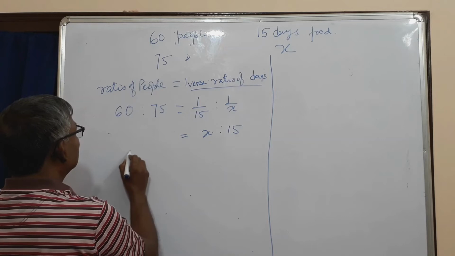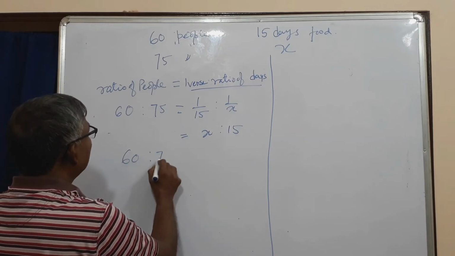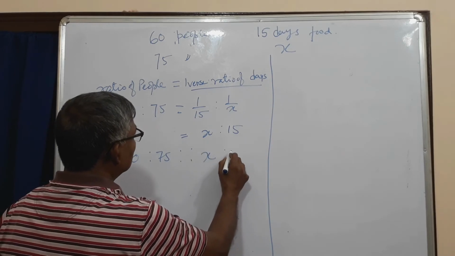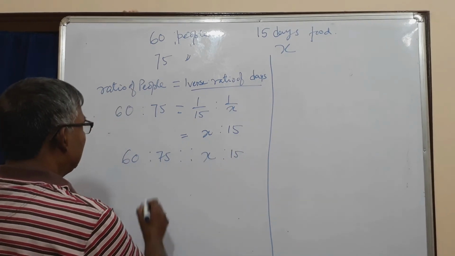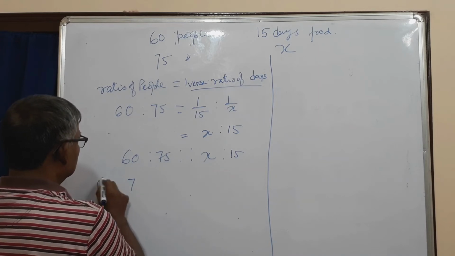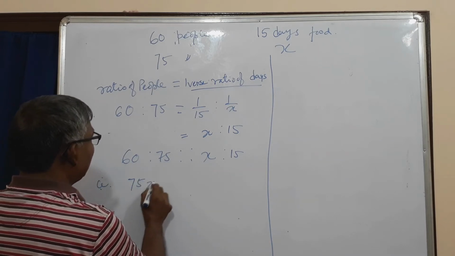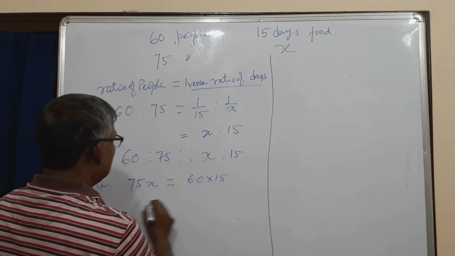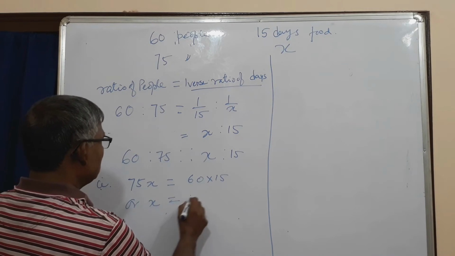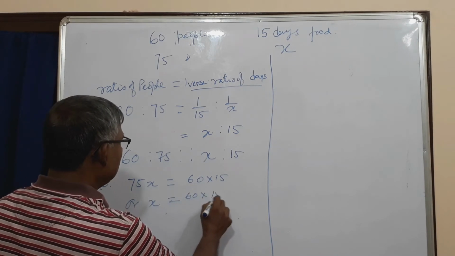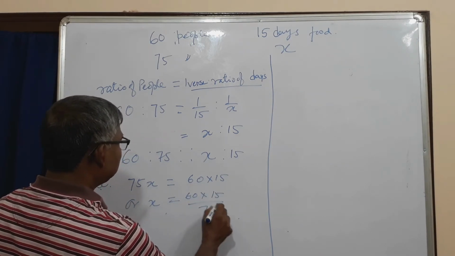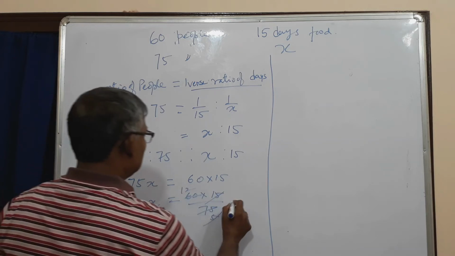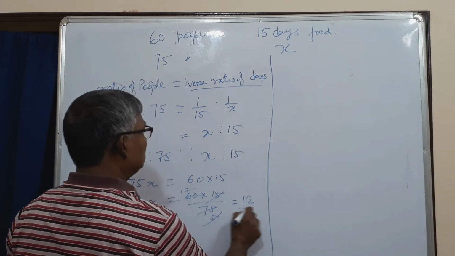So we get 60 is to 75 as x is to 15, that is 75x equals 60 into 15, or x equals 60 into 15 by 75. It is cancelled by 5, it is 12. So 12 days will the food last.